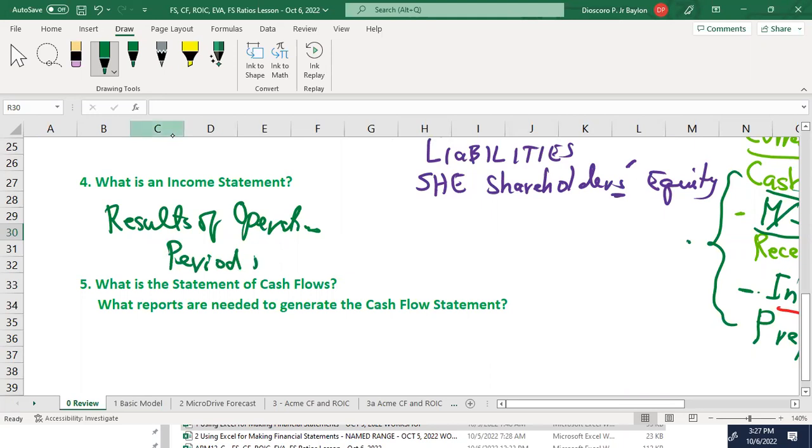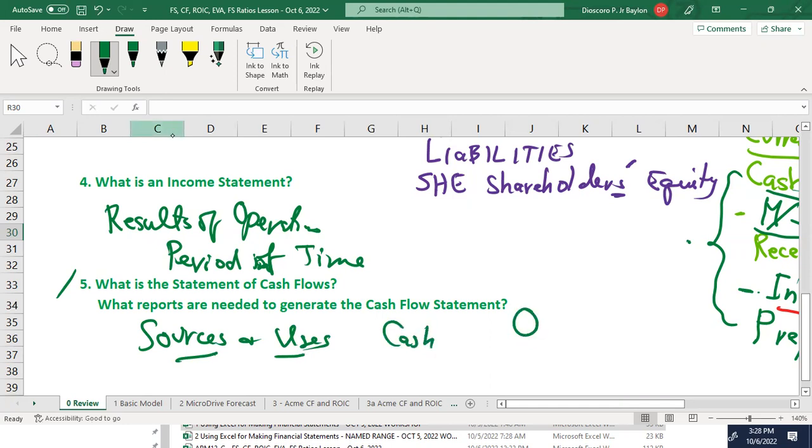That means for the whole year of 2021, for example. Then the statement of cash flows shows sources and uses: where the cash came from and where it was used, from operating, investing, and financing, also for a specific period of time. So the income statement and the statement of cash flows collect information over a period of time, while the balance sheet's information is generated at a specific point in time.